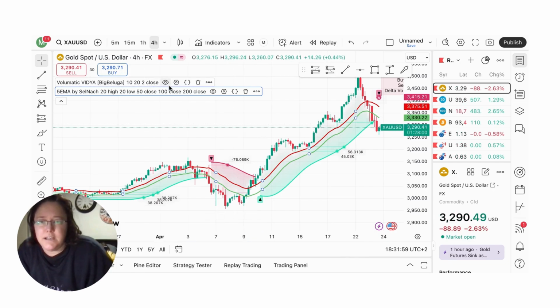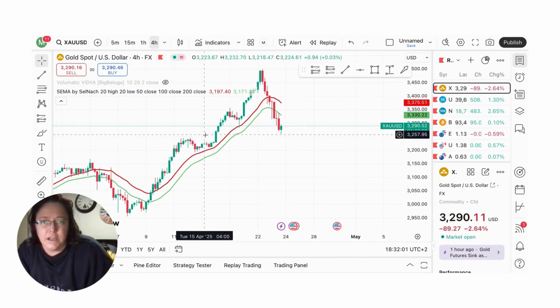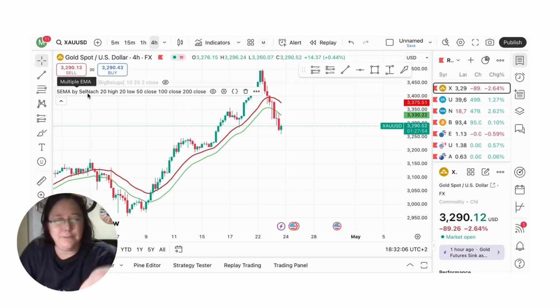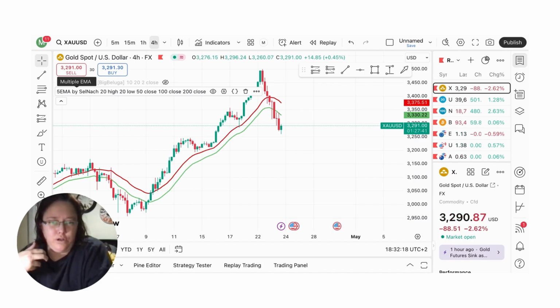So that is the first indicator that you are going to need, the 5 EMA bias. You don't have to specifically use this one. The only reason I do is because I use multiple EMAs, and because some of you are using the free version of TradingView, which I'm also using. I'm not paying at the moment, but you can just use this one and have multiple EMAs.